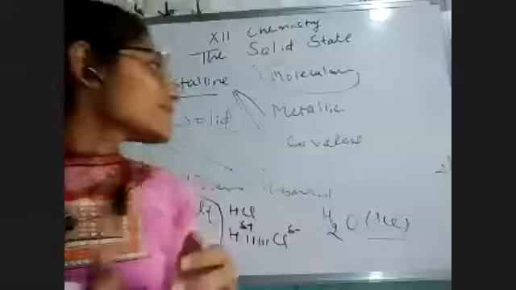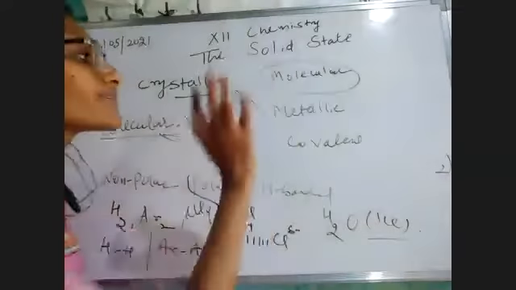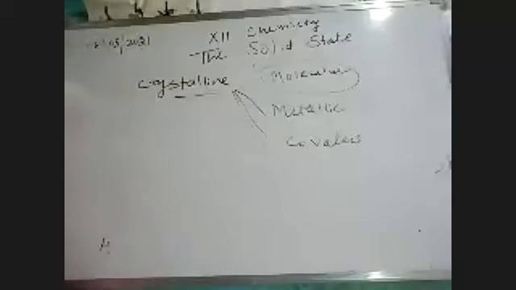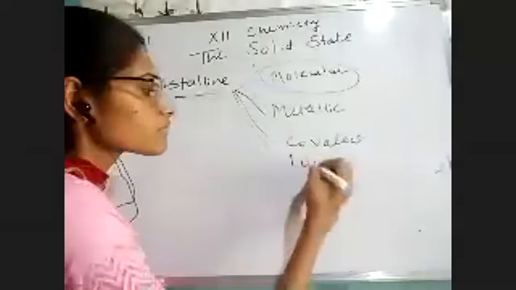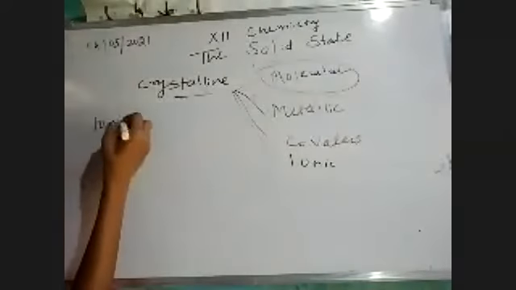Next point, we have already made clear about crystalline solids. I was saying there was a fourth one, that was ionic. What could ionic solids be?